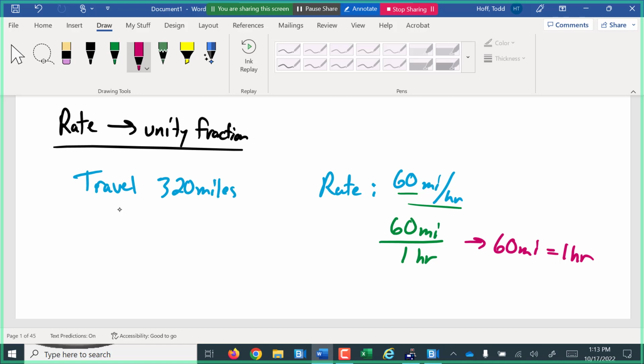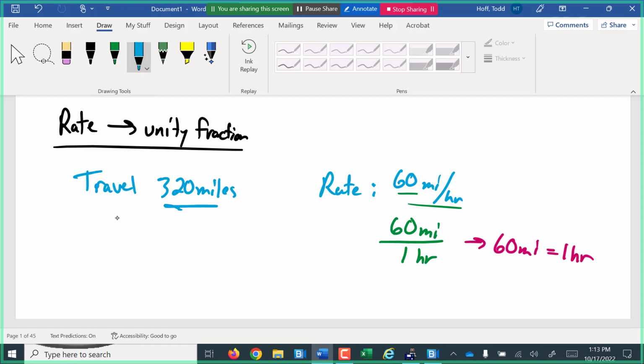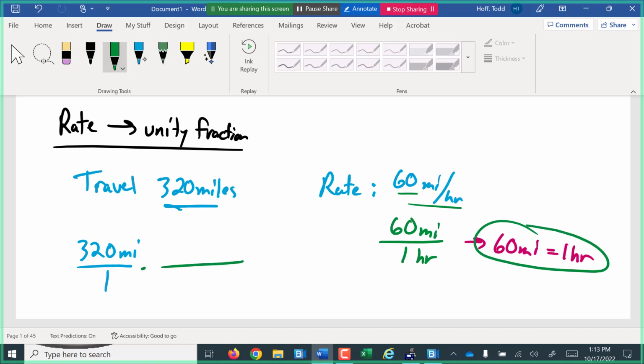So that is an equivalency. So I can take my 320 miles that I need to travel, put it over 1, using this as an equivalency to create my unity fraction. I can put 60 miles on bottom, 1 hour on top.